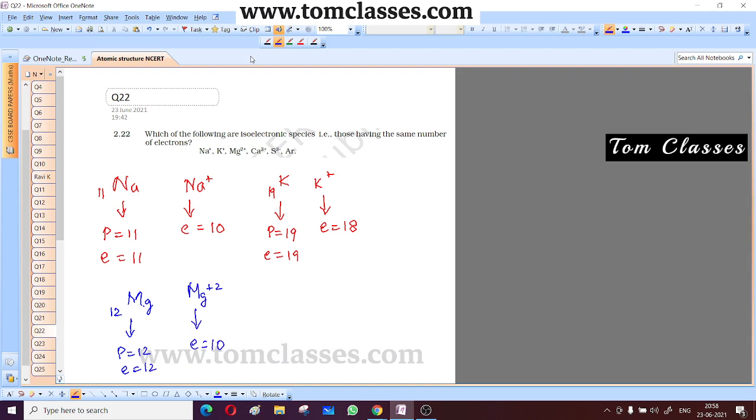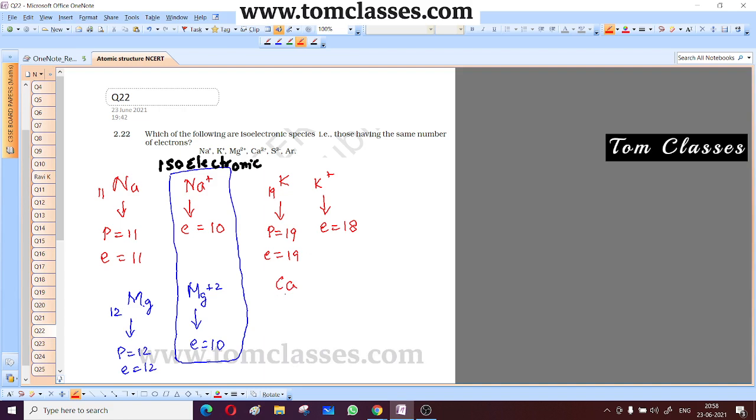So 10 electrons. Now we see that these two are isoelectronic, sodium and magnesium. Now next is calcium.